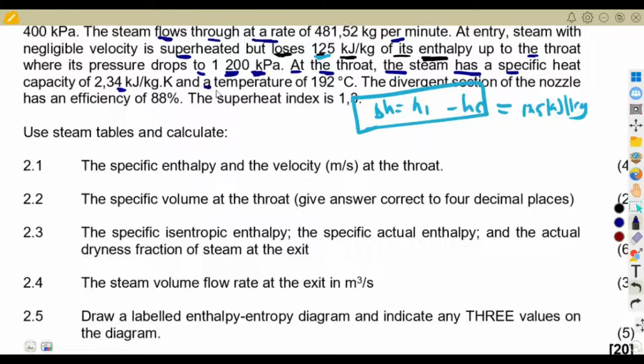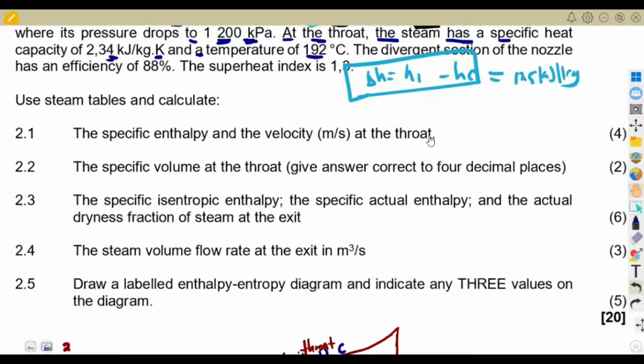And here we are given the temperature when we have this specific heat capacity. Since it is per kilogram Kelvin, meaning we would have this temperature in Kelvin in our presentation here as 192 at the throat.